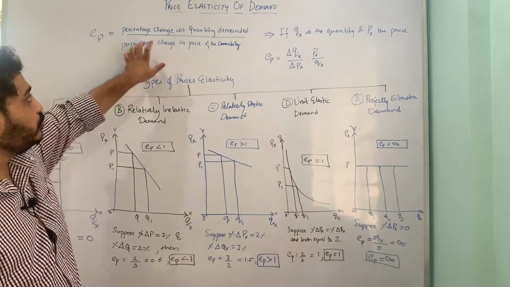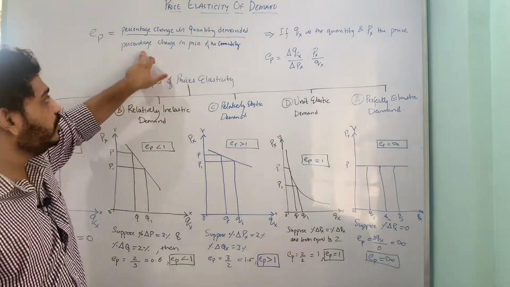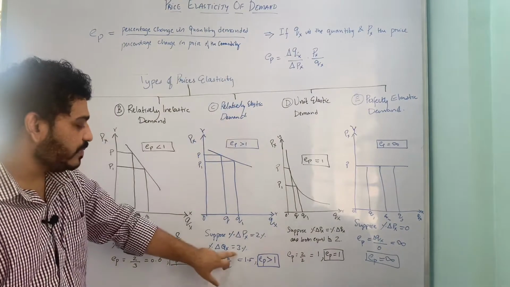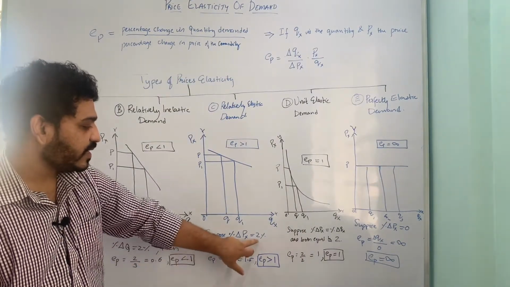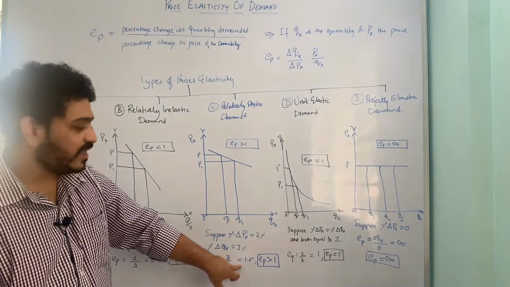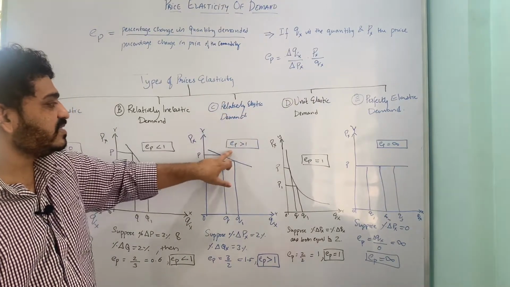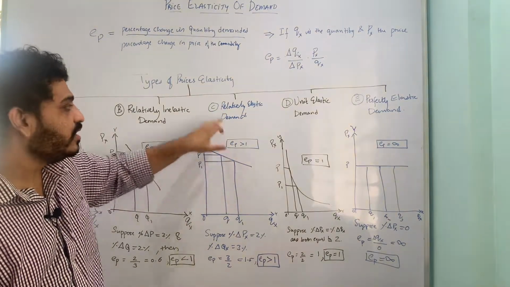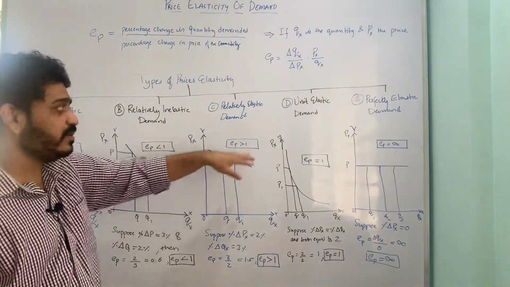Employing the usual formula, the percentage change in quantity demanded is 3 and the percentage change in price is 2. So we get a ratio which is obviously greater than 1. Hence, whenever there is relatively elastic demand, the price elasticity is always greater than 1. I hope the idea is pretty much clear.